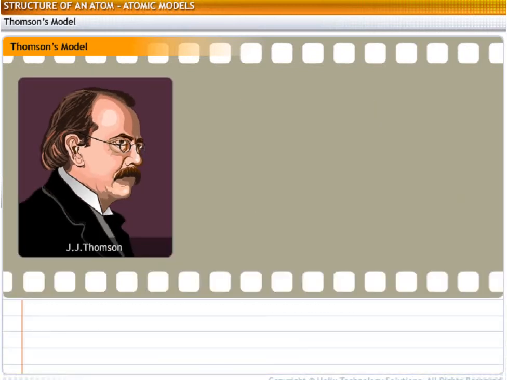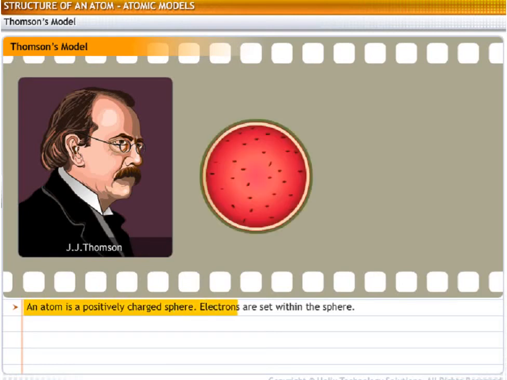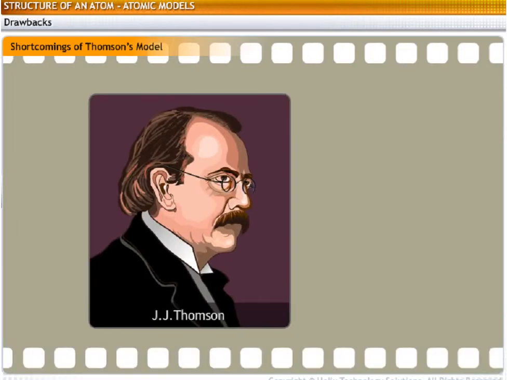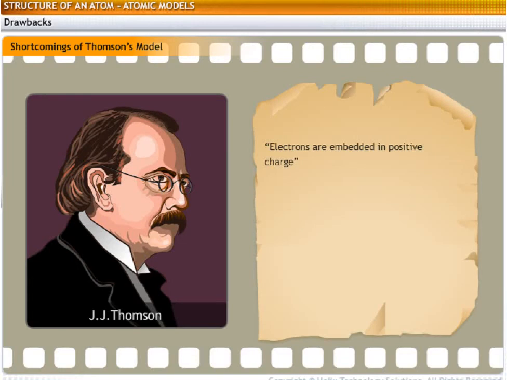Thomson concluded that an atom consists of a positively charged sphere with electrons set within the sphere. An atom is electrically neutral as the positive and negative charges within it are equal. Thomson had said that the electrons were embedded in a sphere of positive charge.